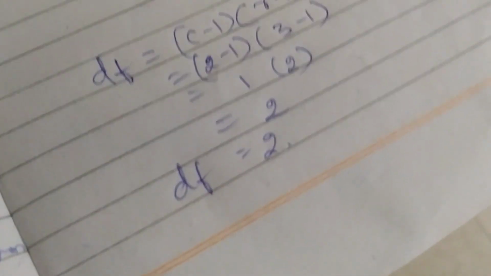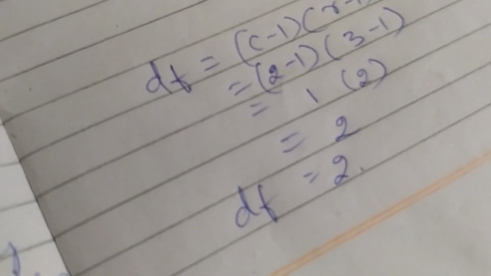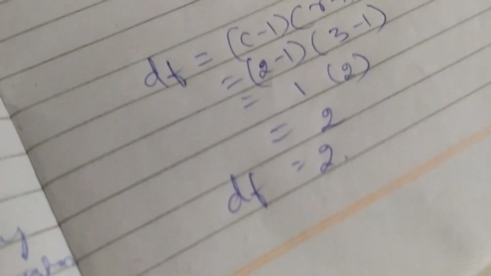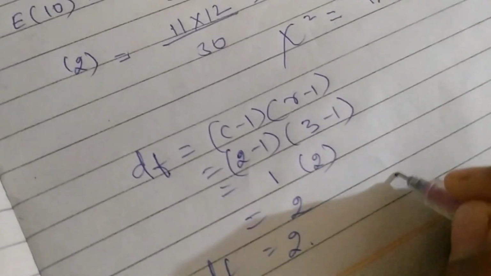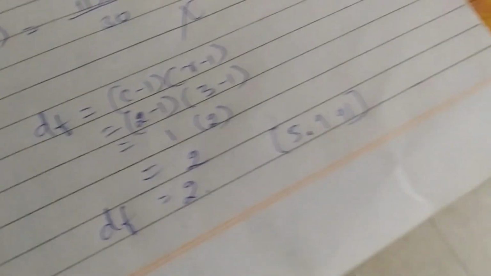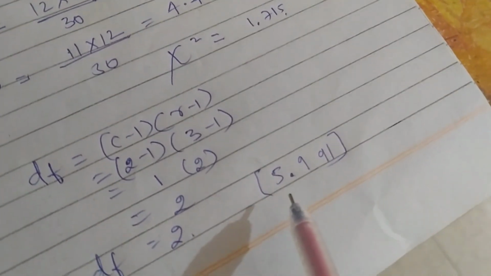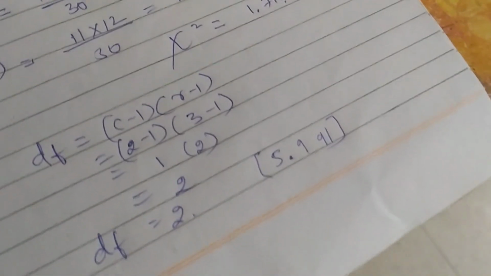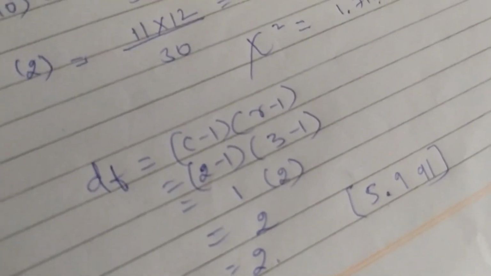At the alpha significance level of 0.05 and degree of freedom 2, we have to mention the table value, and the table value is 5.991. We need to know how to check a table value first, and I'll explain how to check the table value also. So after checking, the chi-square table value is 5.991, which is more than the calculated chi-square value.